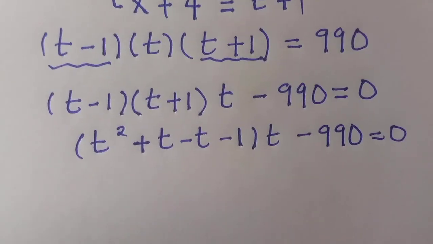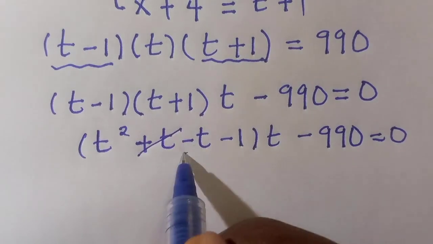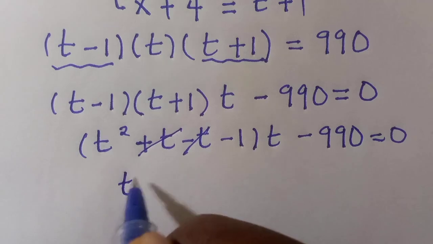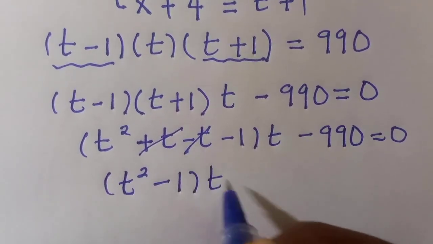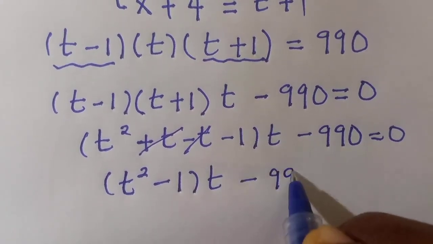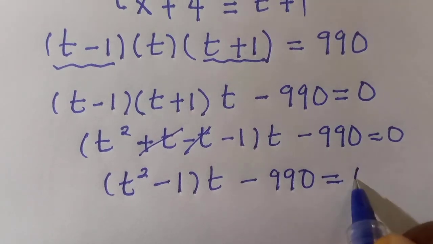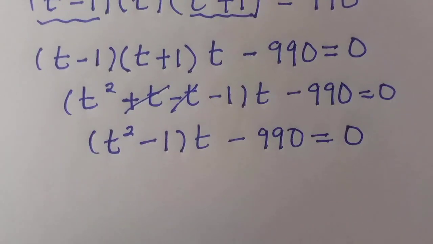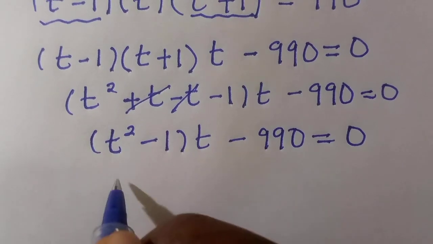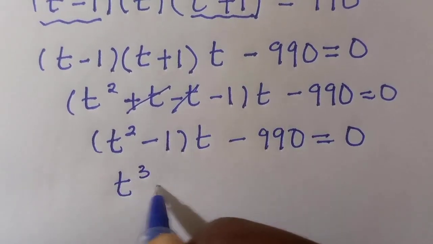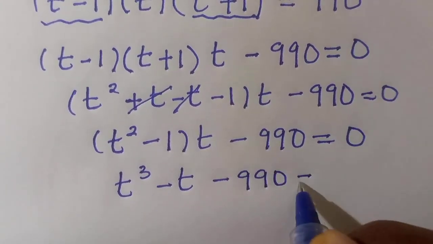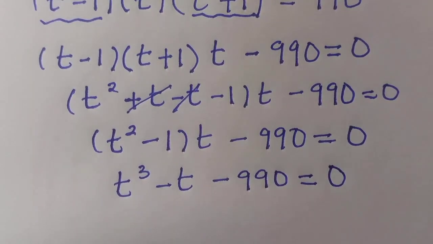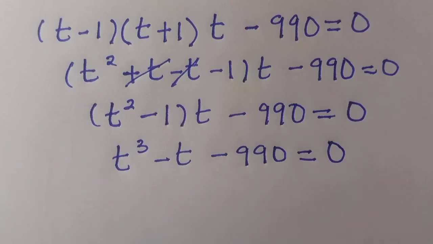So plus T minus T cancelled, and we are going to have T to the power of 2 minus 1 multiplied by T minus 990 equals 0. And by opening the parentheses with T, we have T to the power of 3 minus T minus 990 equals 0.